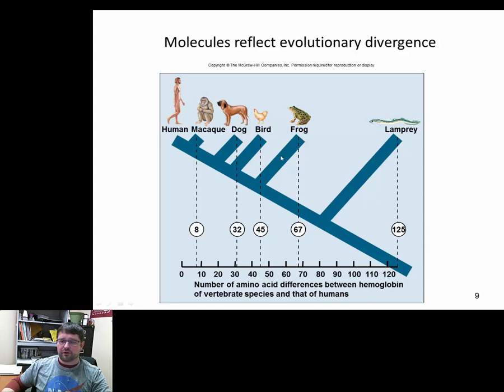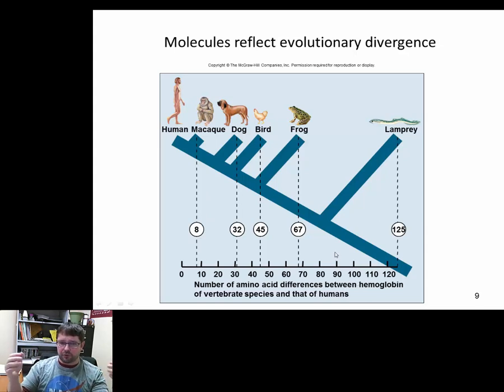As we progress with things that are closer to humans, like monkeys, remember, chimpanzees are our closest relative, and chimpanzees and humans have the same hemoglobin molecule. But we just have to diverge a little bit back to monkeys, like macaques, and there's 8 amino acid difference in the entire strain of amino acids.